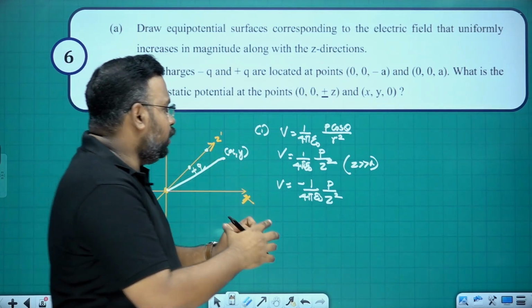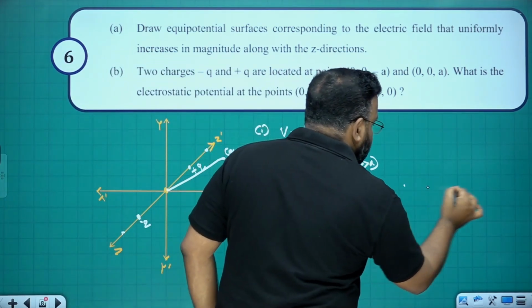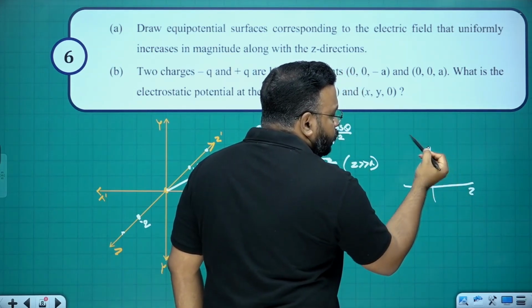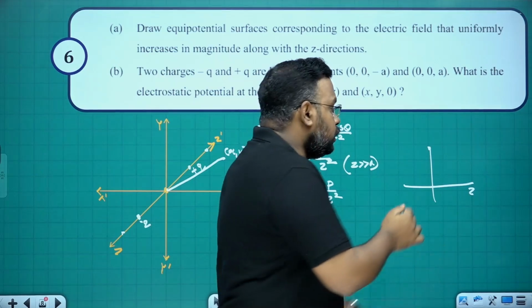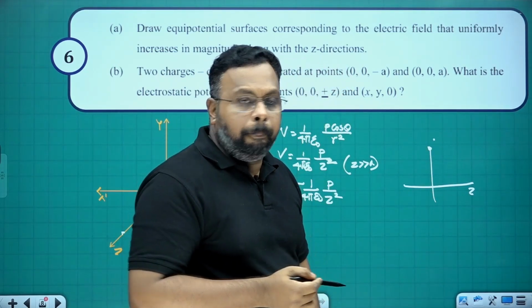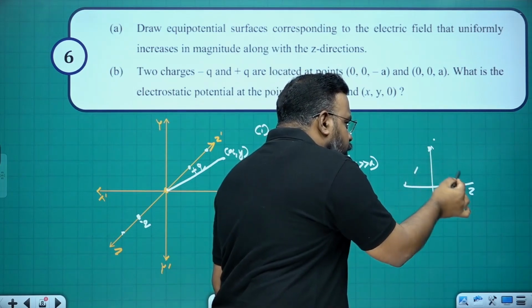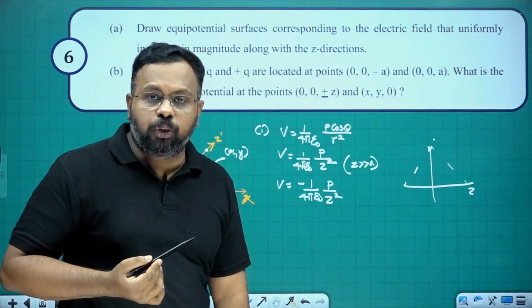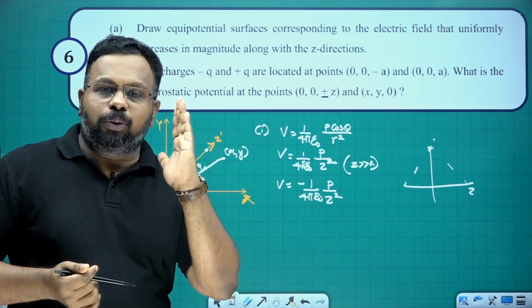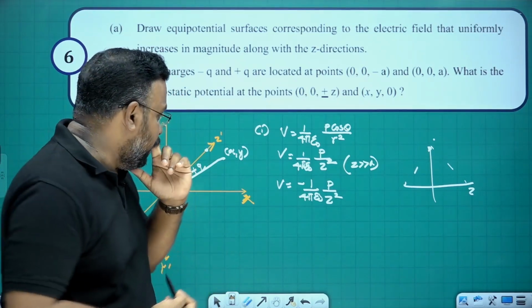Hope you understand. If this is your z axis, the xy plane will be perpendicular to it, like this. So if you are taking any point on this xy plane, that will be equidistant from minus q and plus q, isn't it? That means it is an equipotential plane for that. It is the equatorial plane.